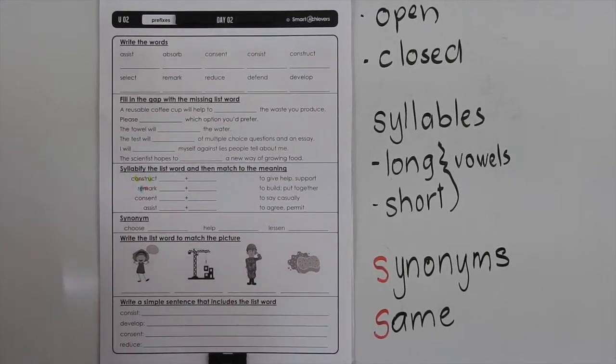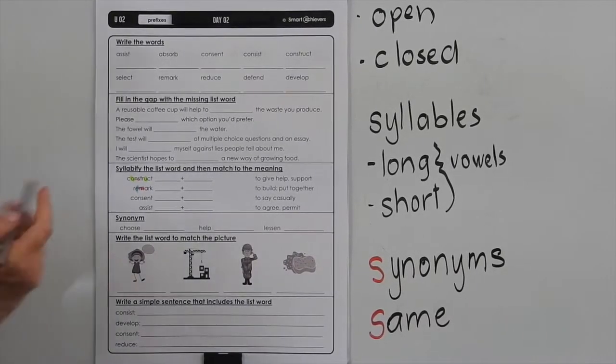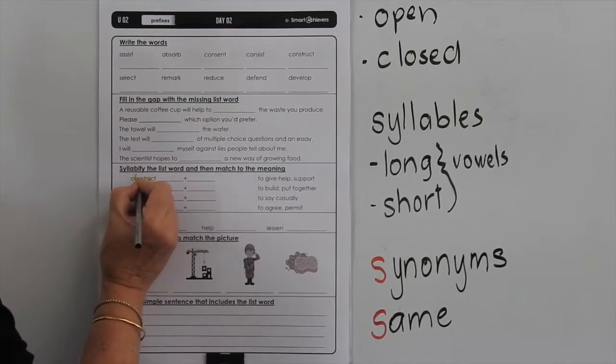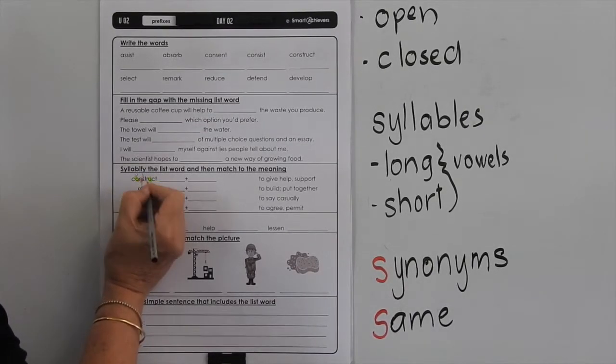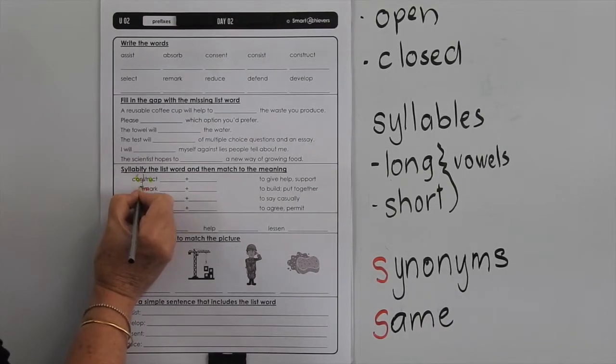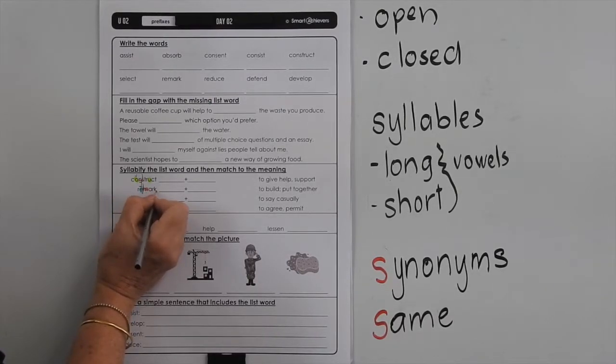So that's going to be an open syllable. So I'll just go through those two as good examples for you. So "op" is a short vowel. We need to close it with a consonant, so we're going to split it between those two consonants. Remark, E is a long vowel sound, so it needs to remain open. So we know there's only one consonant and it's going into the second syllable.